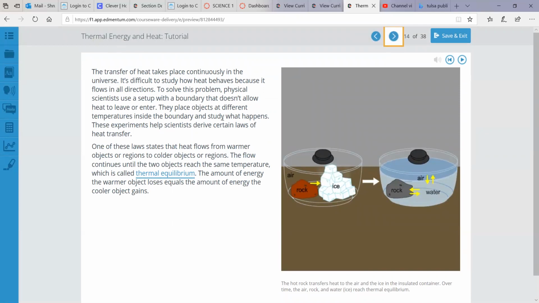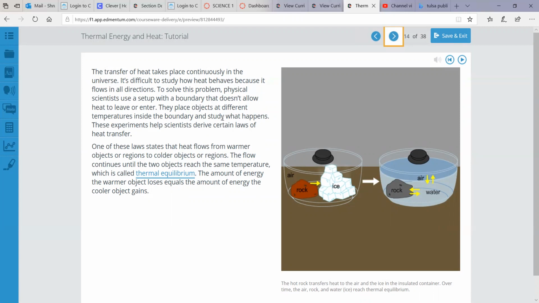The transfer of heat takes place continuously in the universe. It's difficult to study how heat behaves because it flows in all directions. But to solve this problem, physical scientists have a setup with a boundary that doesn't allow heat to leave or enter.